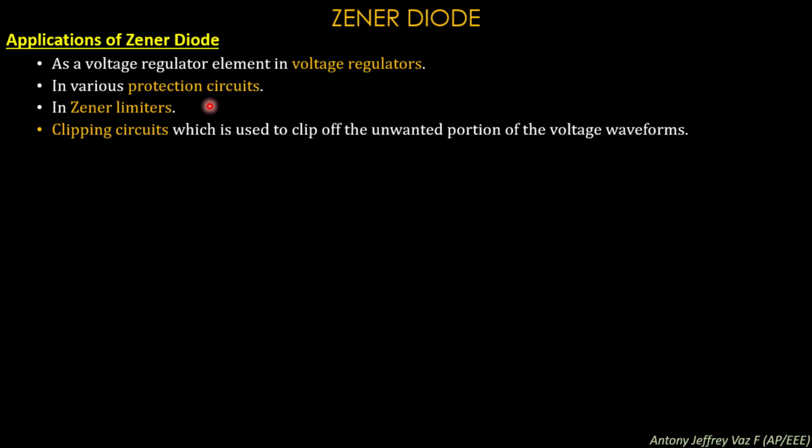Zener diodes can be used to protect a circuit from dangerously high voltage entering the circuit. They can also be used as clipping circuits, where the unwanted portion of the voltage waveform has to be removed. So these are all the characteristics and the applications of the Zener diode.